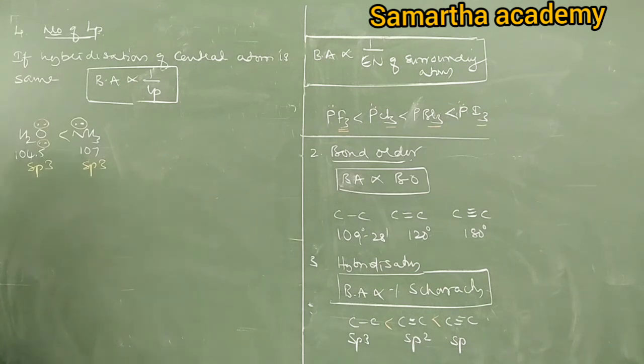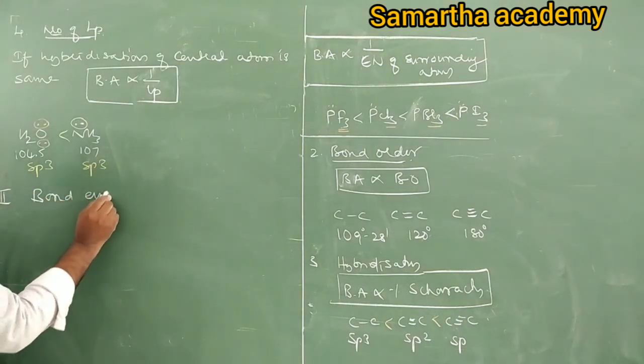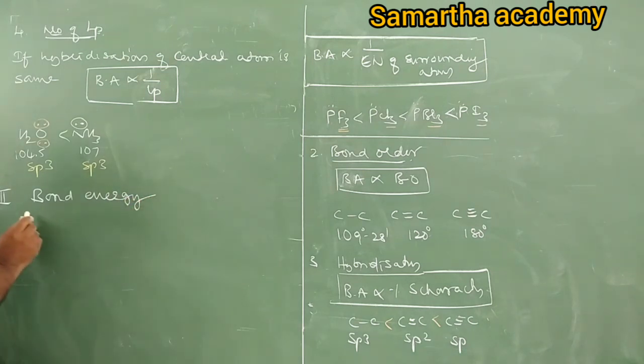Okay, so these are the 4 factors. Next is bond energy, the third bond parameter. We have 2 types of bond energy: bond breaking energy and bond making, or bond formation, energy.